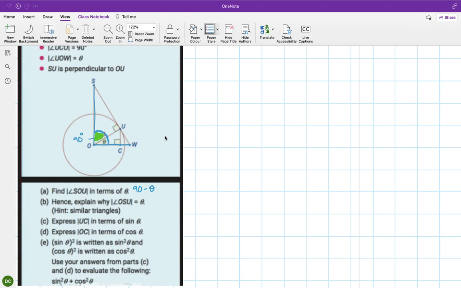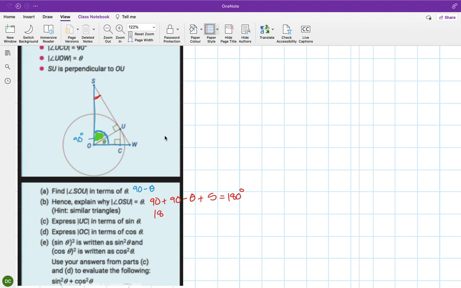Hence explain why OSU is theta. So OSU is this one up here. Why is that theta? Well, the 3 angles add up to 180. So 90 plus 90 minus theta plus the angle at the top, S, is equal to 180.